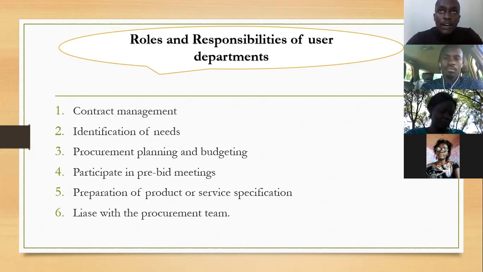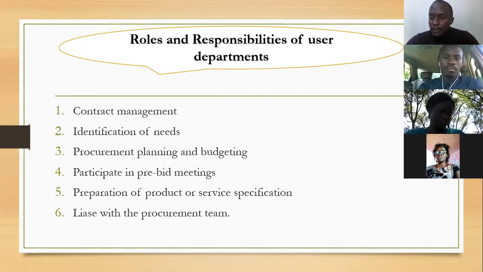So this one, after, for example, the proposal of procuring cars has been approved, the user department will have to sit down and make a plan on how these cars will be procured. This is basically now to make the process run smooth. At this point, allow me to introduce Judith, take on from there.